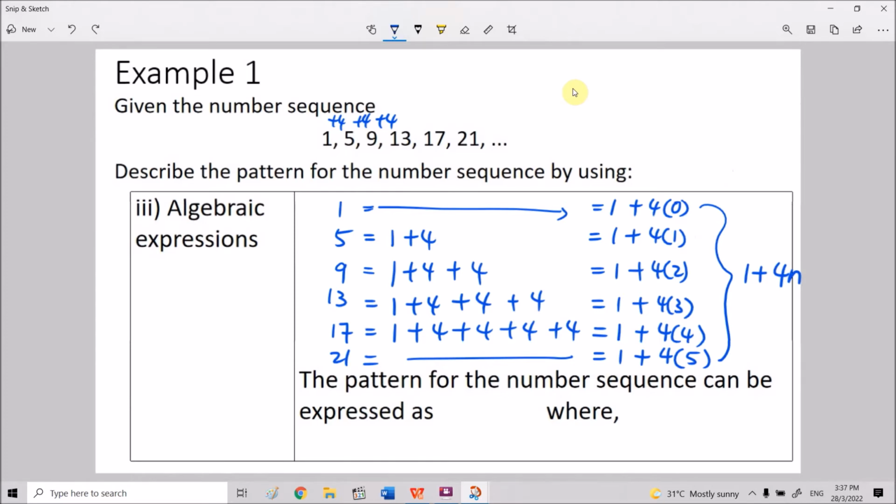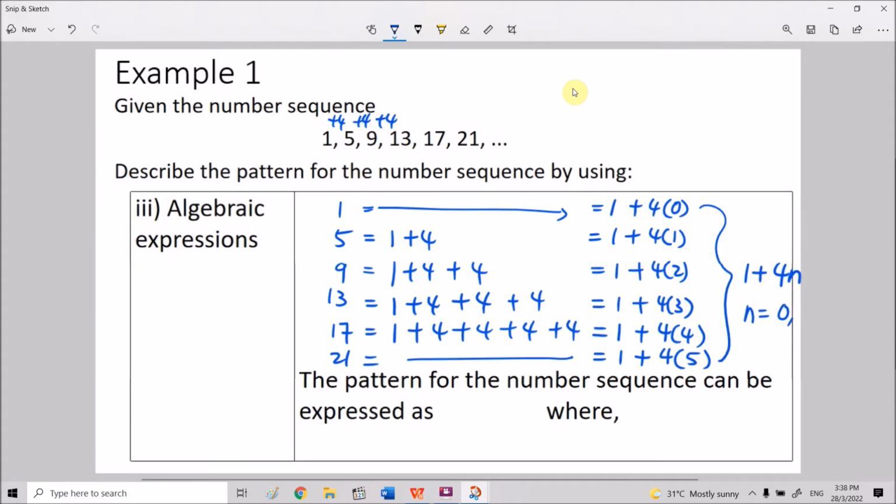So we can use this expression to represent all of this, including the rest of the terms, including from 21 and so on. But we need to define the n. We need to tell the reader what is n. Okay, so we should write n is equals to 0, 1, 2, 3.